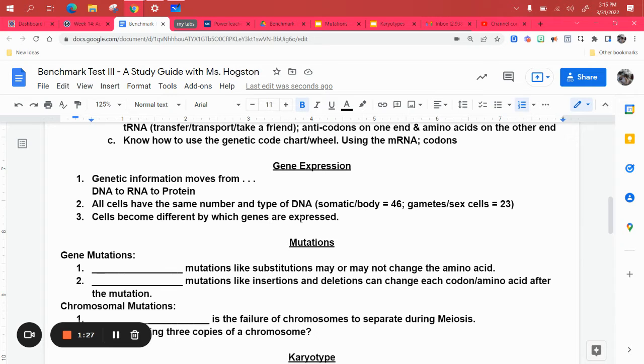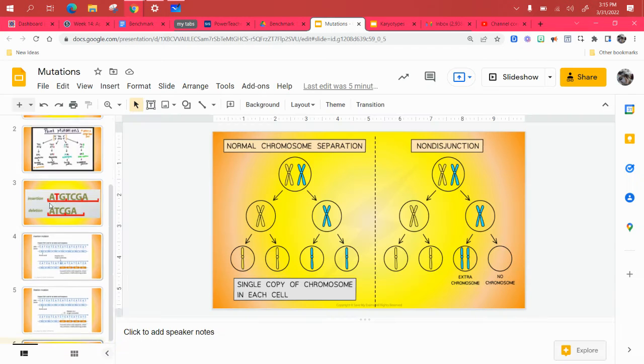Mutations. We have a couple of types of mutations that we'll look at here. Point mutations. Simple point mutations are going to probably affect one amino acid, and these are caused by substitutions.